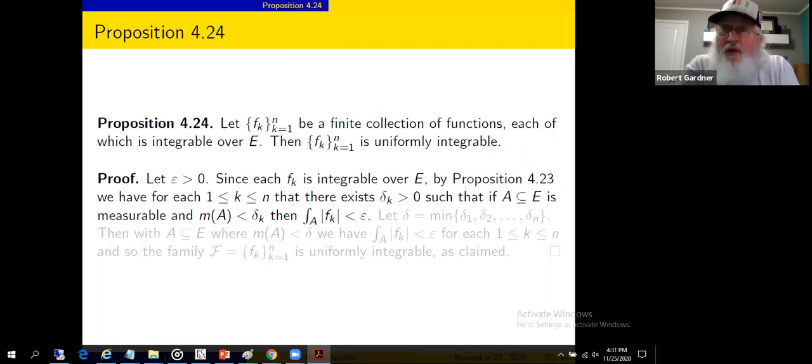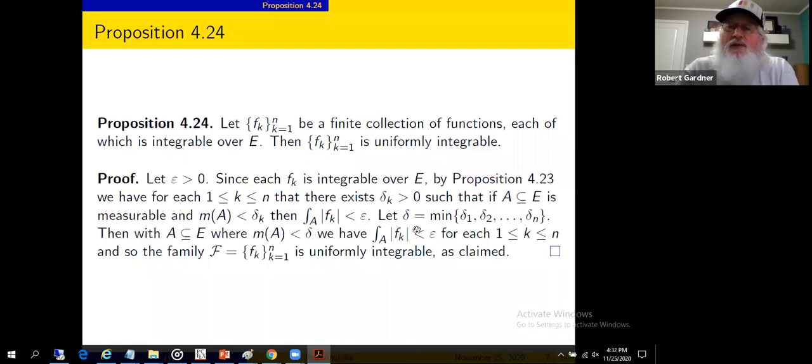All right, do that for all n of those functions, giving you delta 1 through delta sub n. Let delta be the minimum of those. Then, provided the measure of A is less than delta, it's less than or equal to delta sub k, because we chose delta to be the min of those.